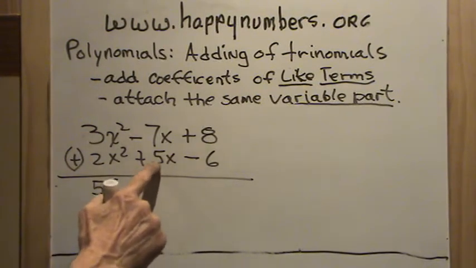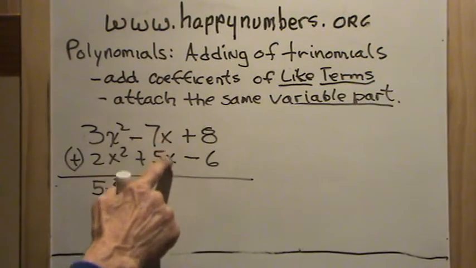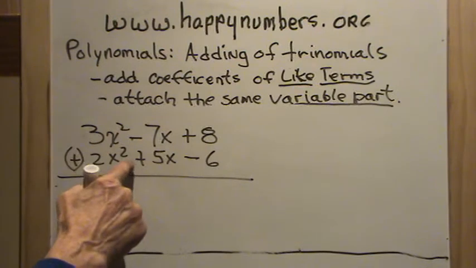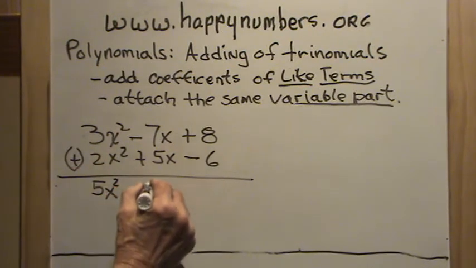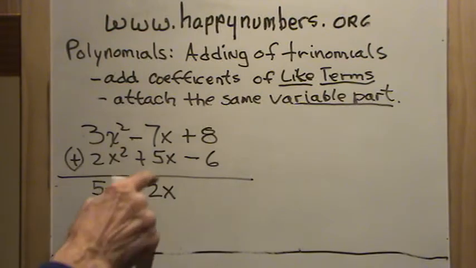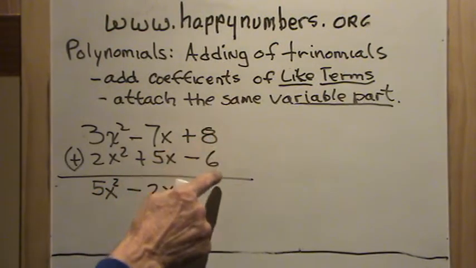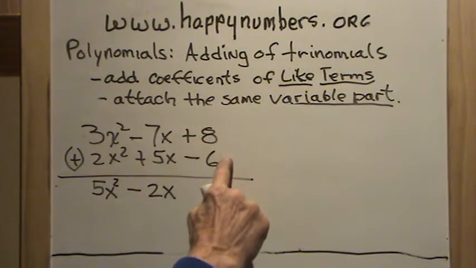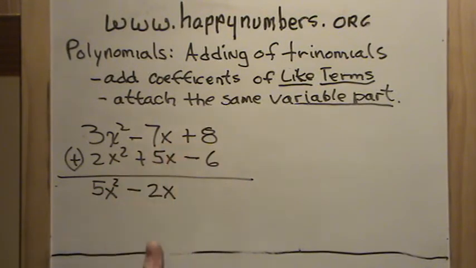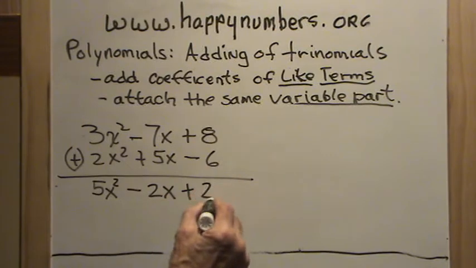Here, these two variable parts are the same, so I can combine the coefficients. -7, +5 gives me a -2, and I use the same variable part. Here, these are like terms because they have no variable part, so I can combine the coefficients. +8, -6 gives me +2.